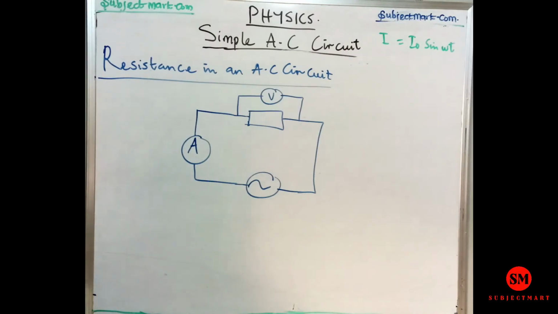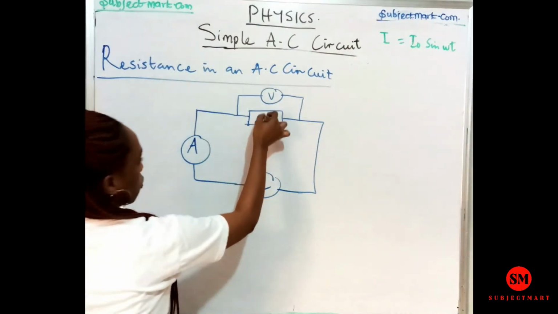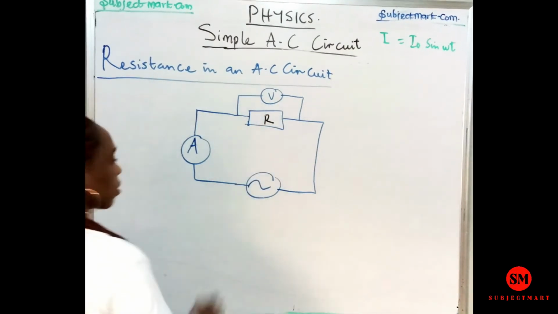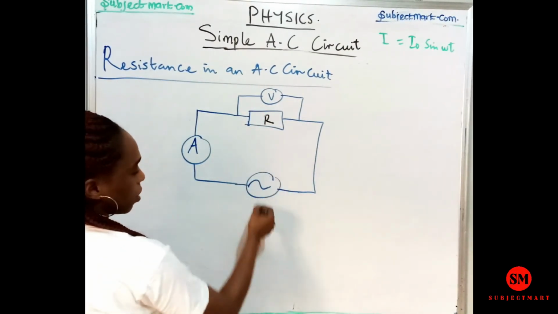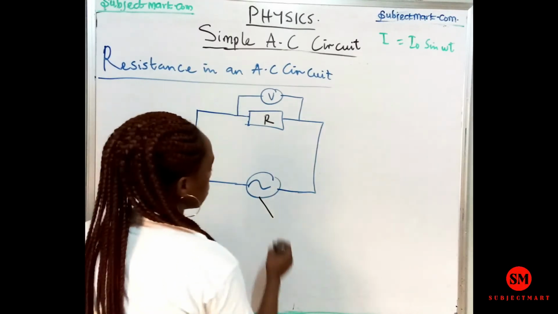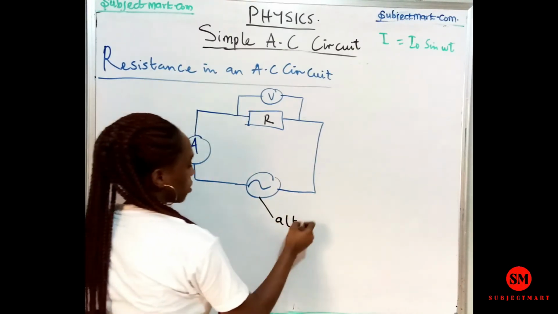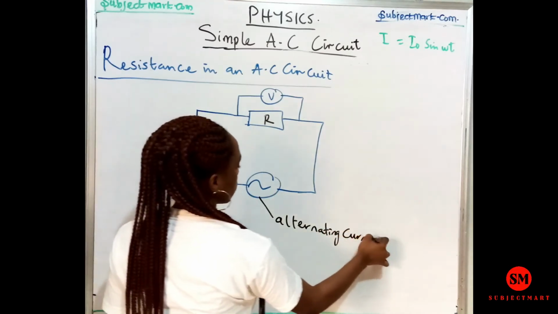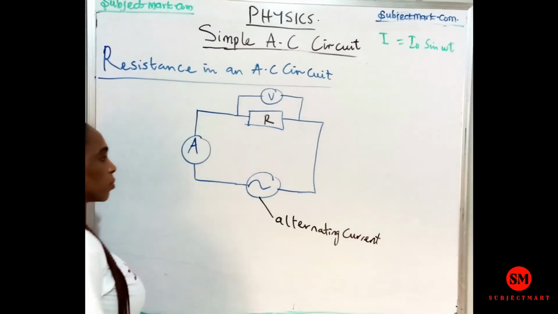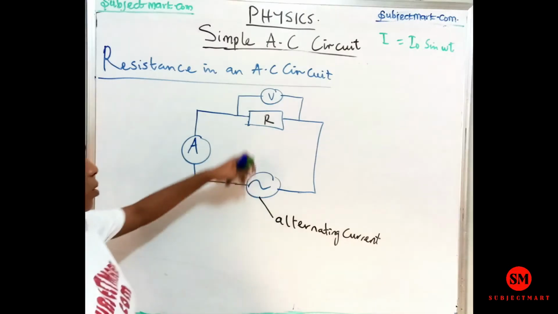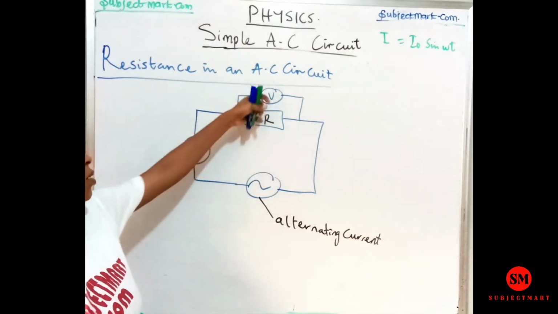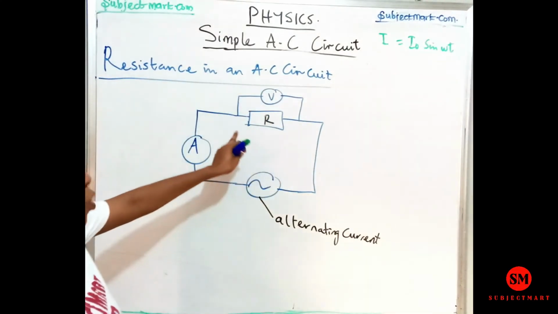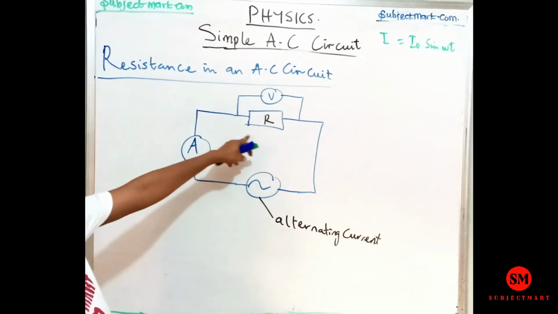Here is the symbol for a resistor, this box here. Now this symbol here stands for alternating current. This is the ammeter here, this is the resistor, and this is the voltmeter, always connected in parallel to the resistor.